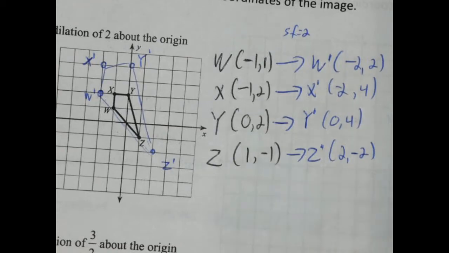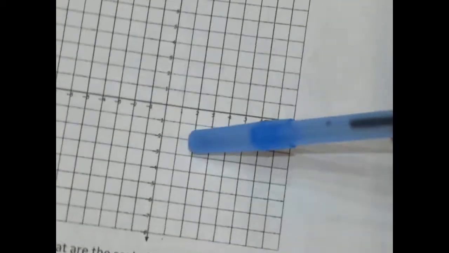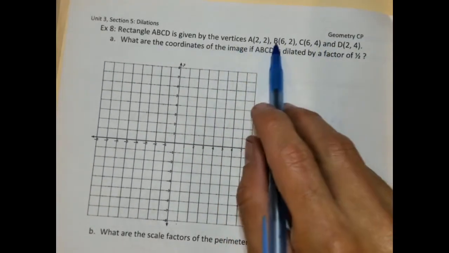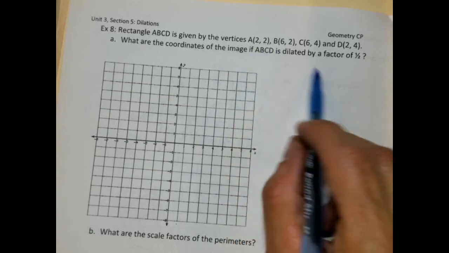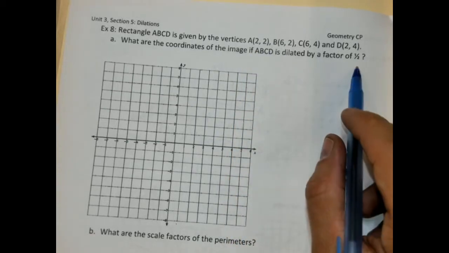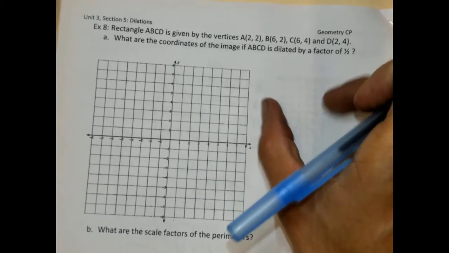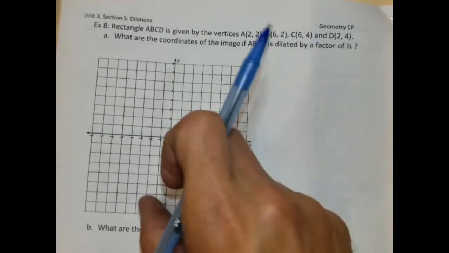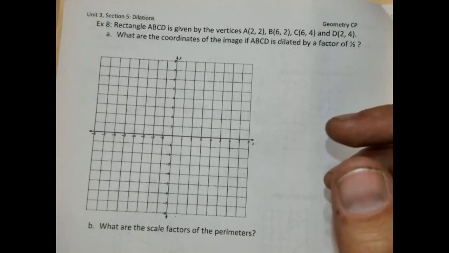All right, and the last ones, I'm not going to do this for you. I want you to do this. For this one, you're going to graph these points, and then you already have the coordinates. You're then going to multiply them by a half, so it's going to be a reduction. You're going to write the new coordinates of those points and then graph them, and it should result in a smaller rectangle.